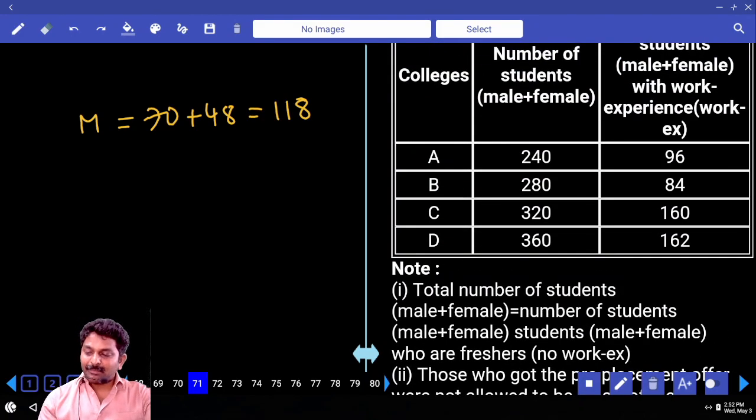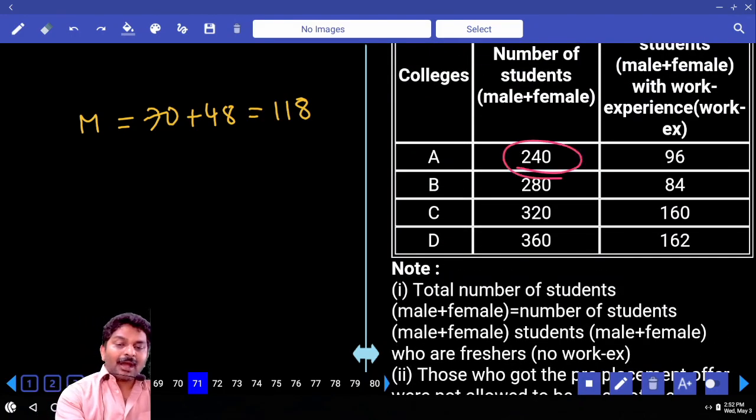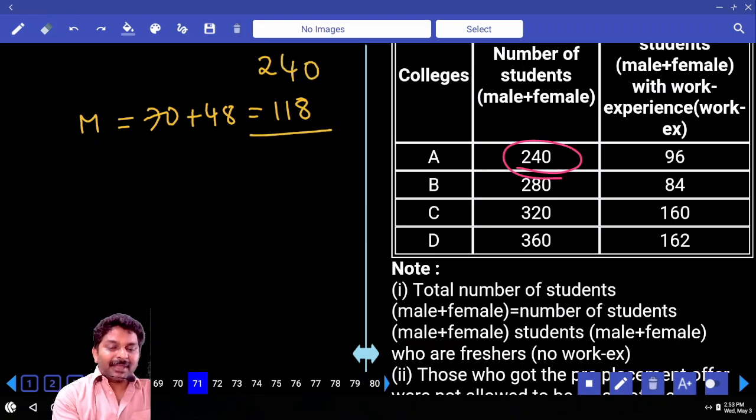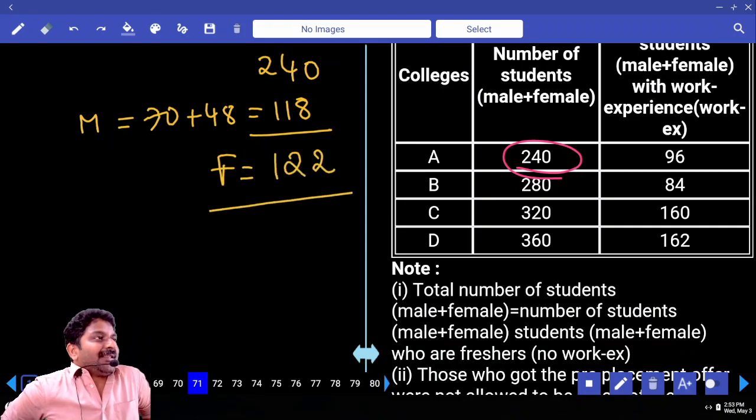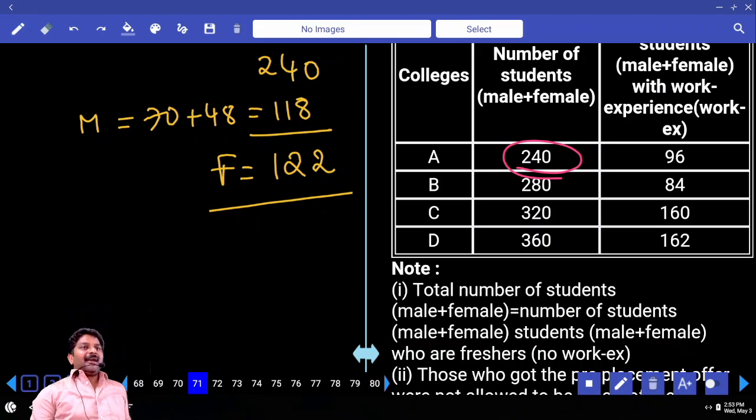In college A, total how many people are there? Out of 240, if 118 are male, remaining are female only? 122. Total male in the sense those who are freshers and those who have experience. Easy, isn't it?